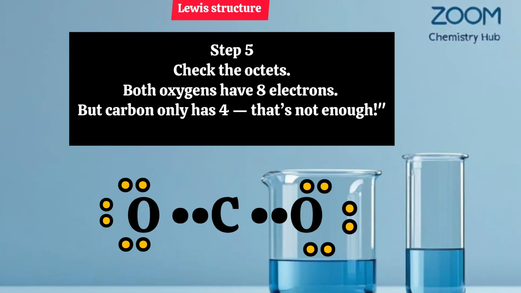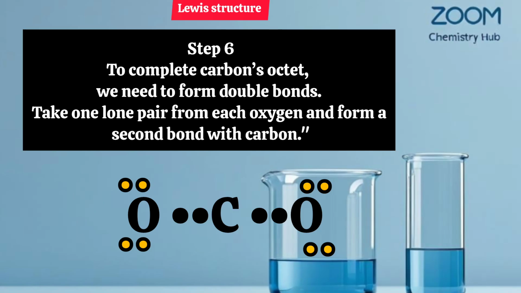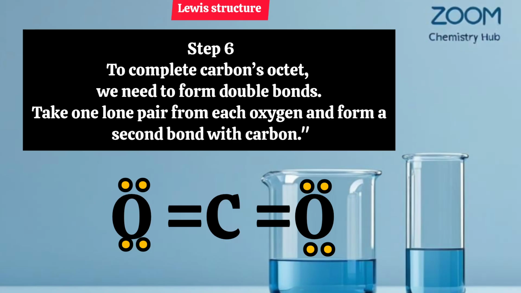So we form a double bond between carbon and oxygen to complete the carbon octet. We take one lone pair from each oxygen atom and form a second bond with carbon.